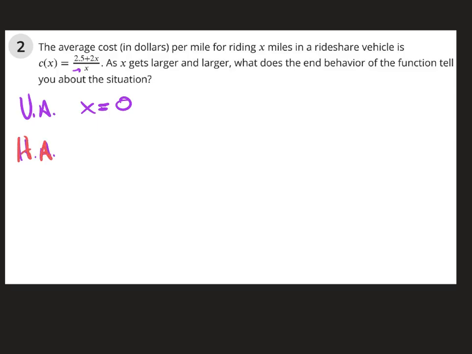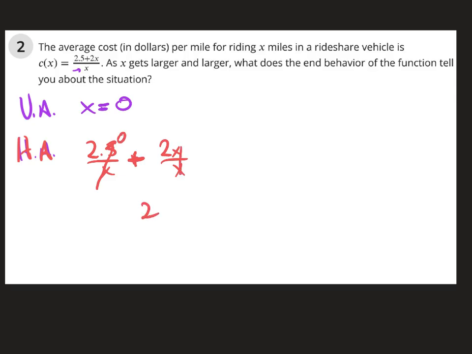Horizontal asymptote, we're going to do 2.5 over x plus 2 over x over x. Now, as x goes larger, this goes to 0. X divided by x becomes 2.